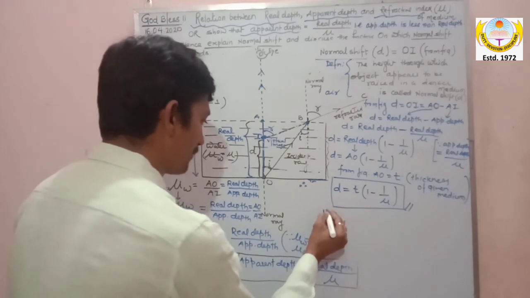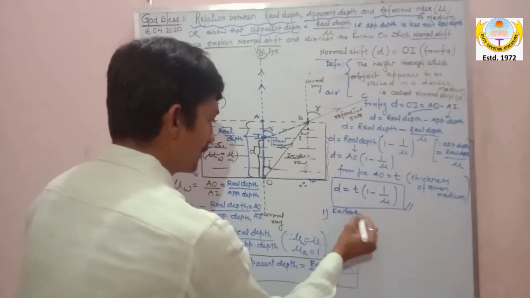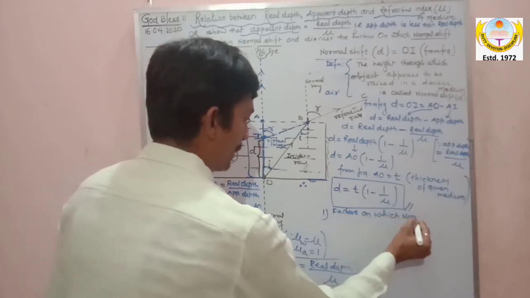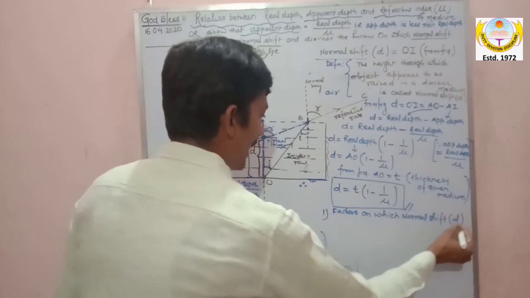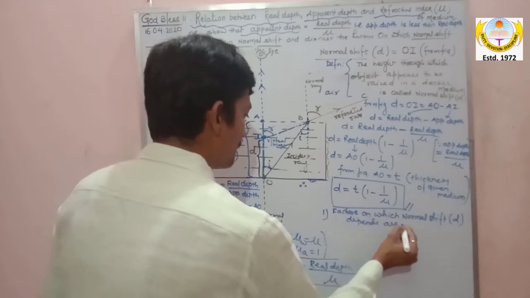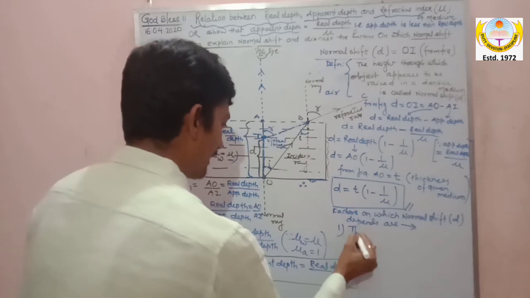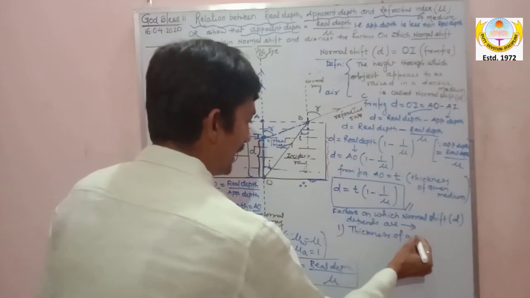So the factors on which normal shift depends, that is D depends, are: number 1, thickness of a medium.